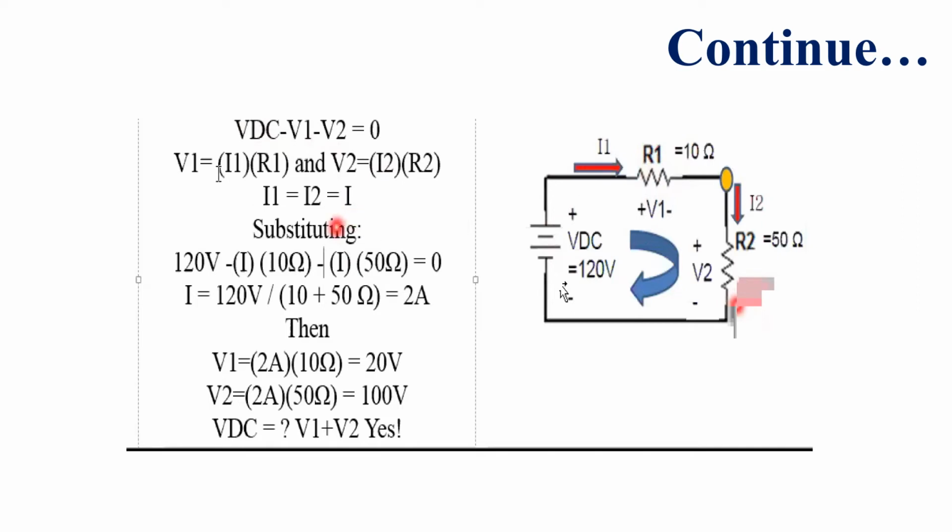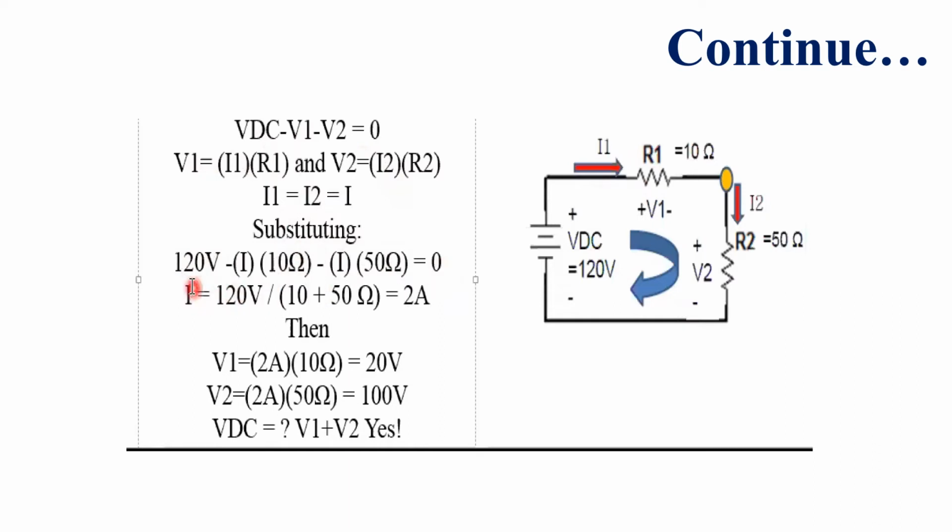So V1 equals I1 R1 and V2 equals I2 R2. As we know that this is a series circuit, so I1 equals I2 and equals I. Substituting the values of I1 and I2 in the main equation, we get the equation in this form: 120 volt, negative total current times 10 ohm resistance, negative total current times 50 ohm resistance, and this equation equals 0.